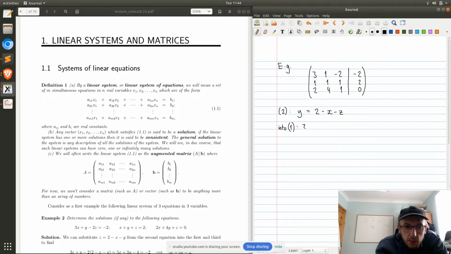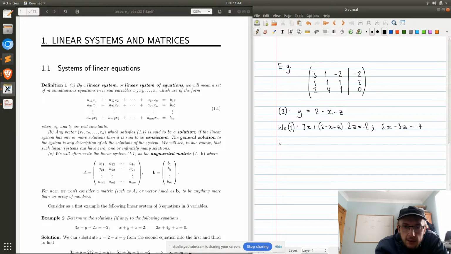So we have 3x plus 2 take x take z take 2z equals negative 2. And then you rearrange that so that you get an equation in 2 variables. So that's going to be 2x, and then we have minus 3z, and then 2 over there and minus 2 there. So that's equal to negative 4.